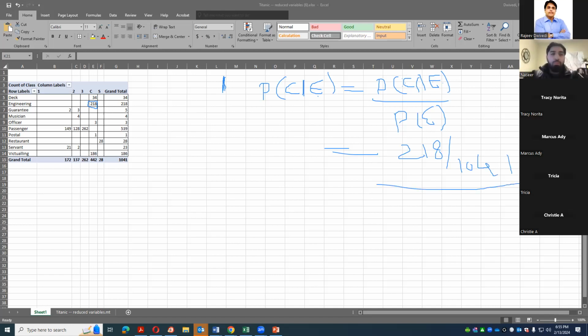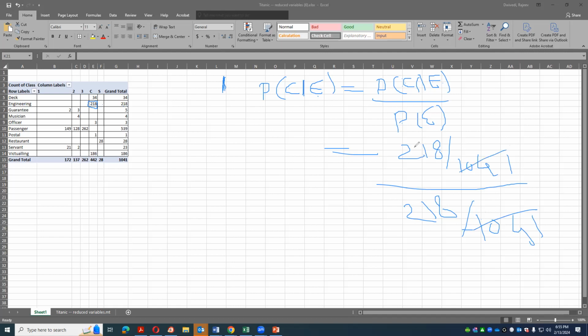And then you do it. Probability of E is 218, so this is engineering. C and E, this is correct. And then we have to divide by engineering, which is 218. So this is cancelled out, which is 100%.